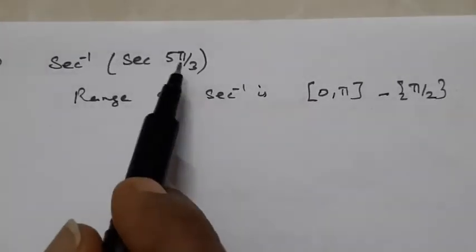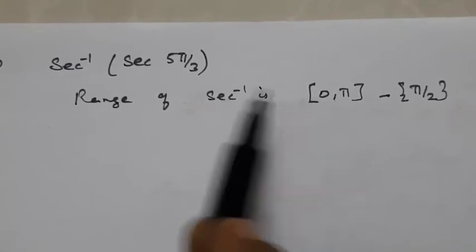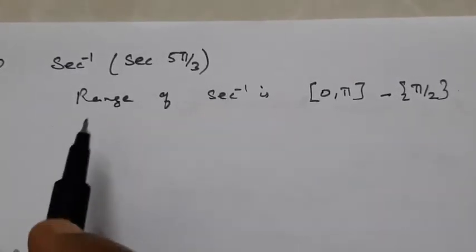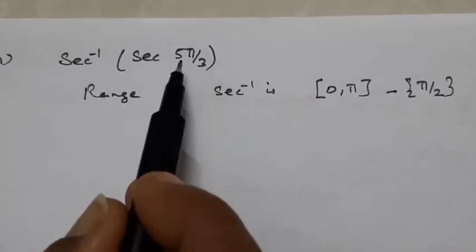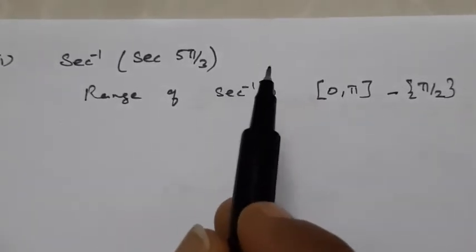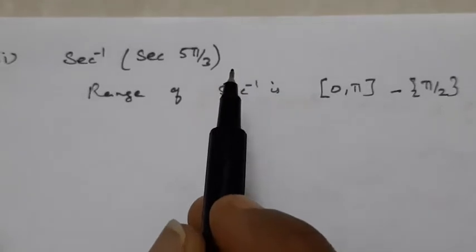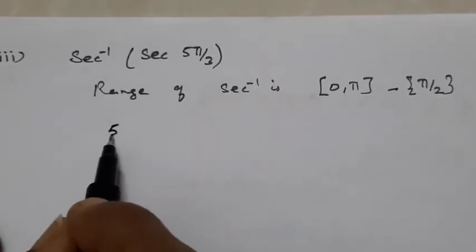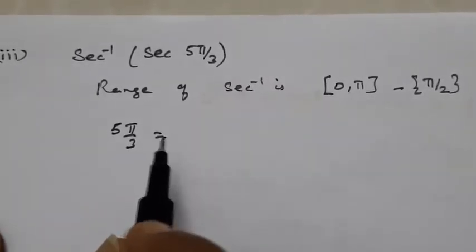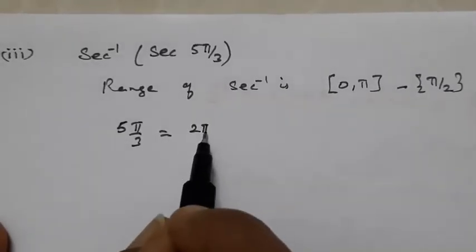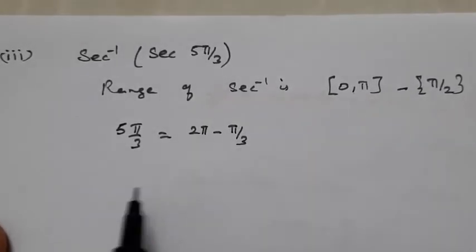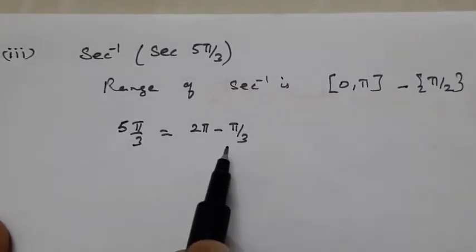Therefore you have to find an angle in these two quadrants in such a way that the secant values are equal. For that you have to split this 5 pi by 3 as a sum or difference of a smaller angle with multiples of pi. So 5 pi by 3 can be expressed as 2 pi minus pi by 3.